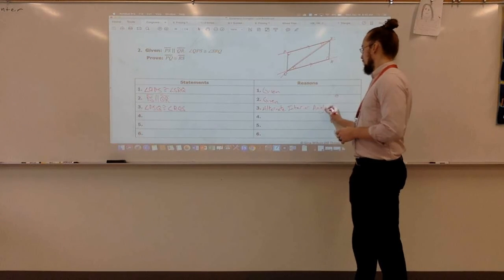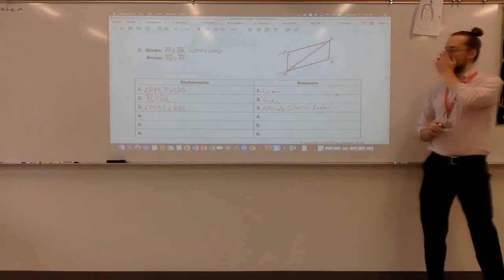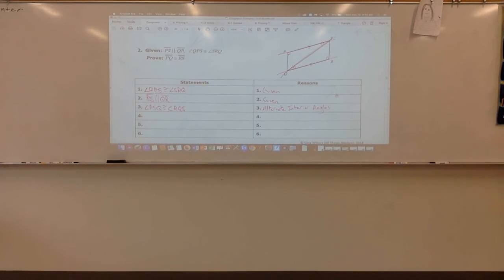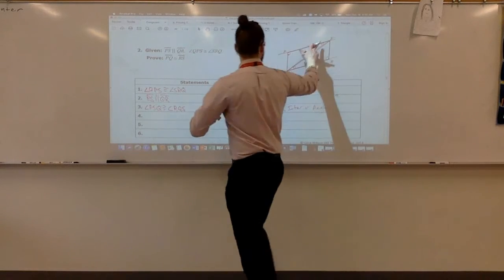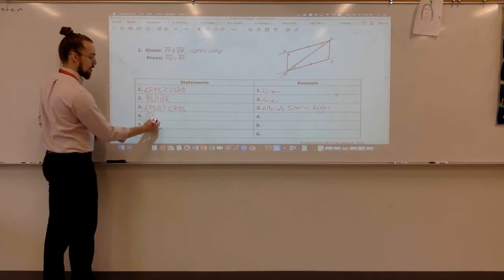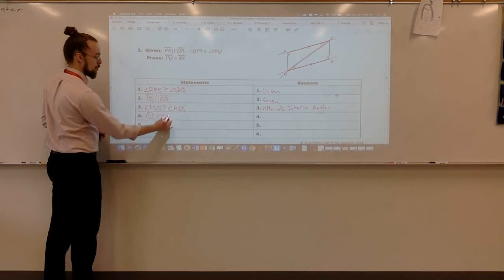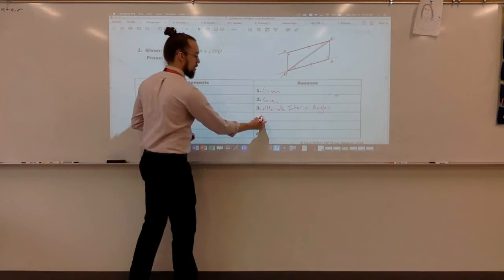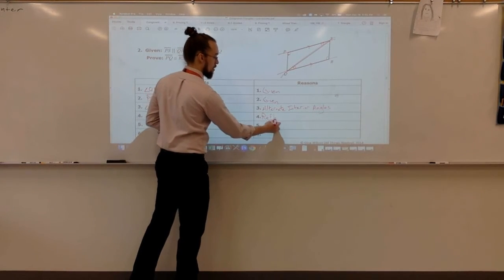So what else can I say here? I've got 2 pairs of angles. QS are reflective. Exactly. They share side QS. So I can say QS is congruent to QS by the reflexive property.